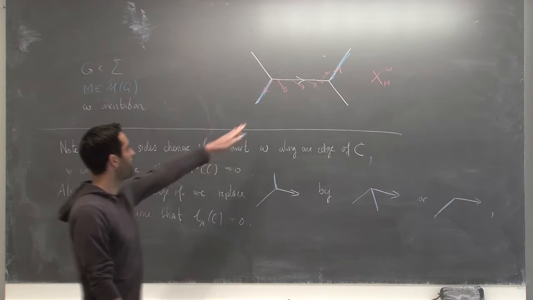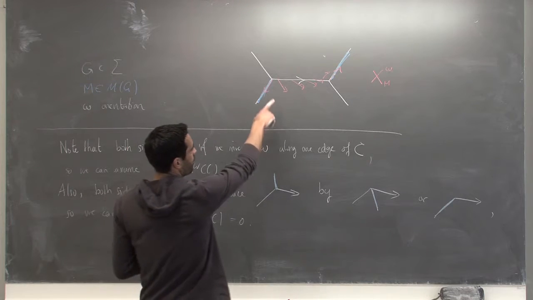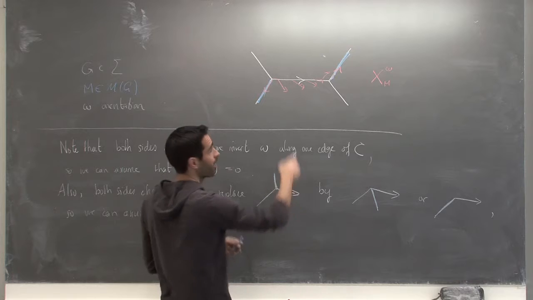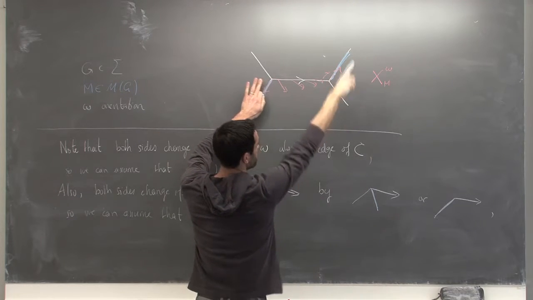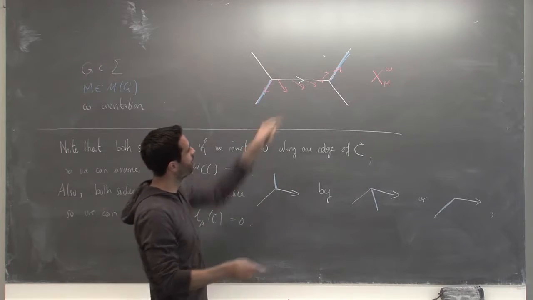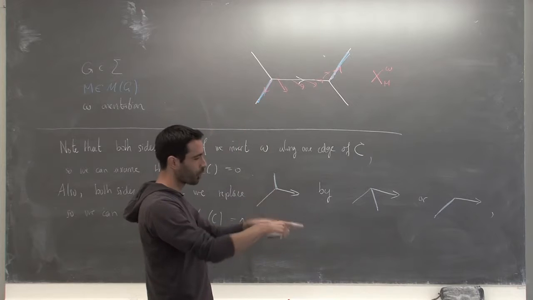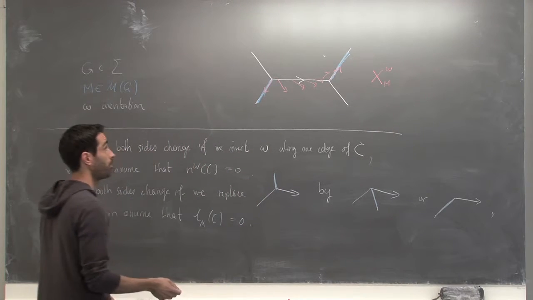And this is the reason why I kept this drawing here. In this case, you find yourself with no dimer sticking out to the left, and with omega always being in the direction of C. Then you see that the vector field is homotopic to a vector field that always points to the right.